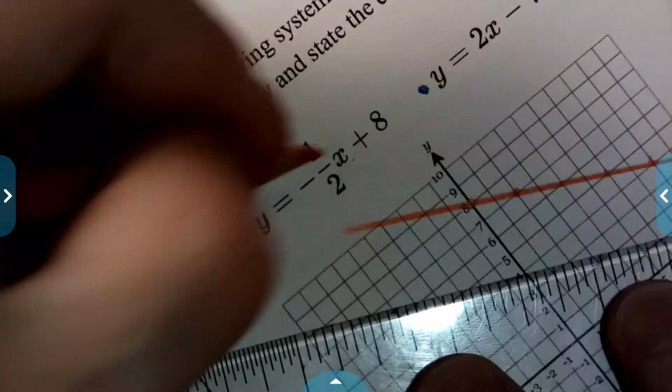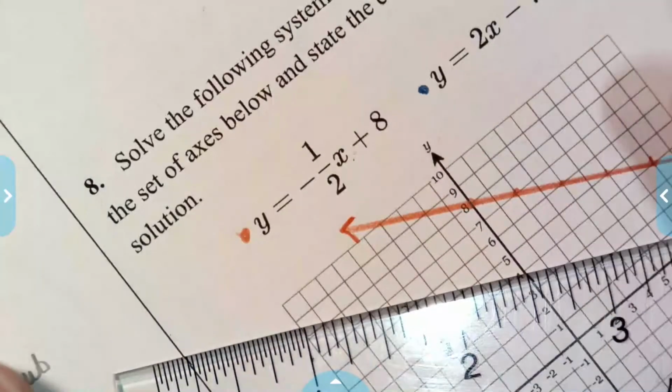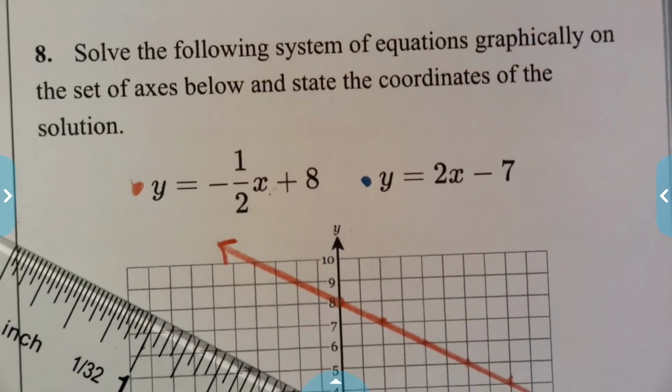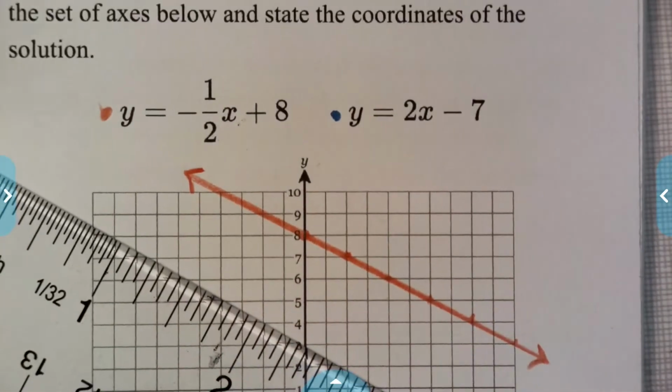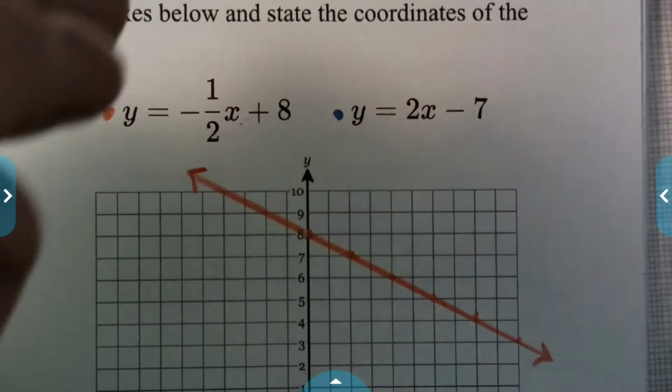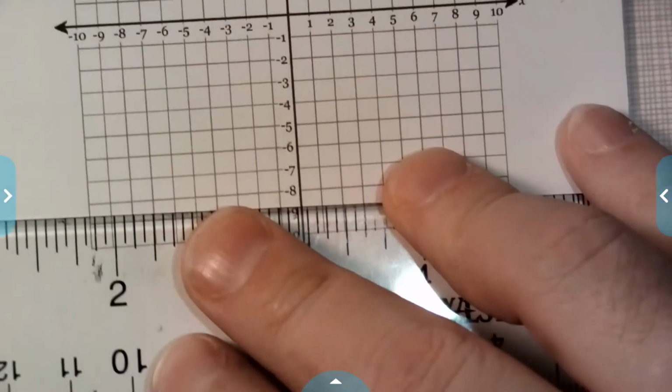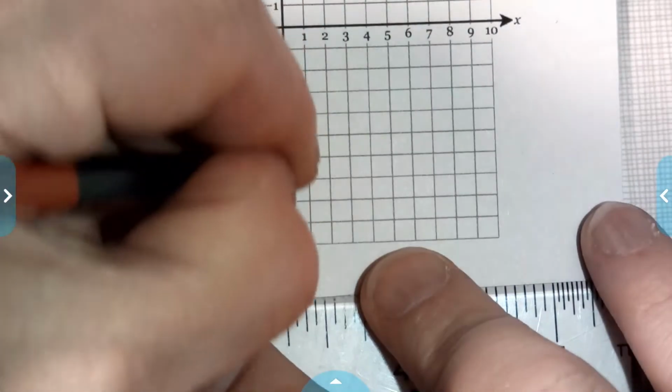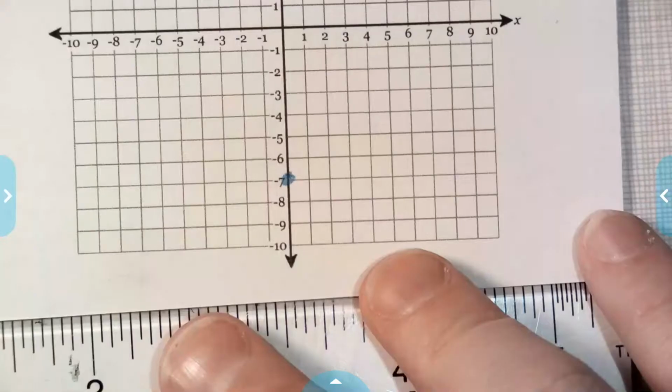Okay. So there's the red equation. And now the blue equation. Okay, 2x minus 7. So way down here at minus 7, we've got our y-intercept.